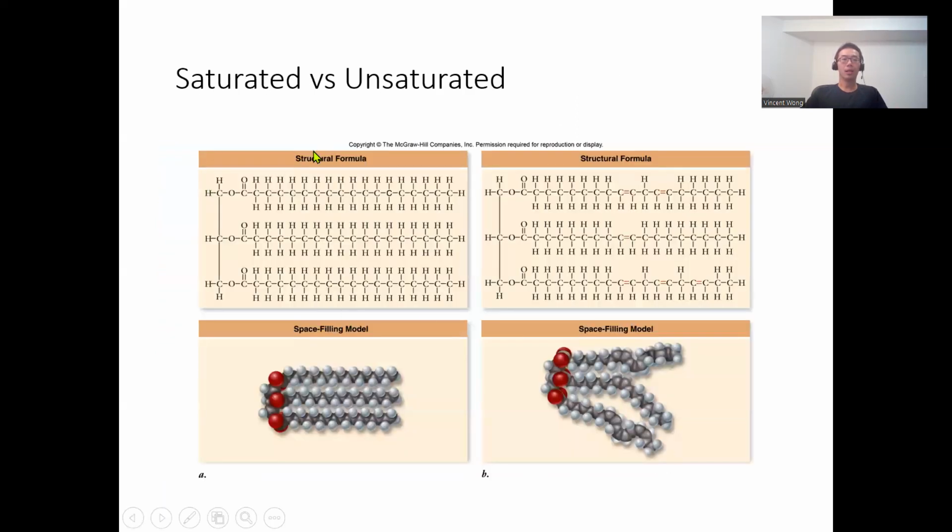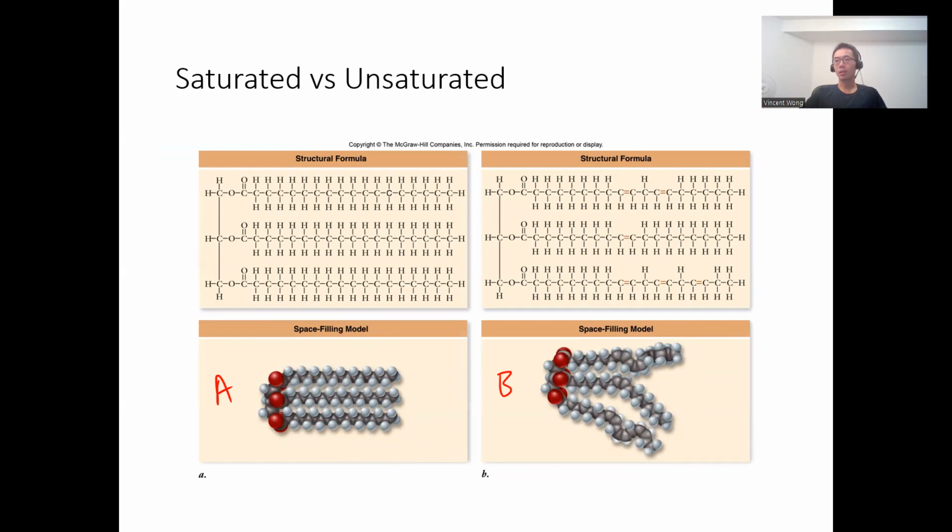Moving on. Here are 2 pictures. We have a picture here for one type of fat and then another type of fat here. This is A, this is B. Based on what I taught you and based on what you're seeing, can you identify the saturated fat in this picture?